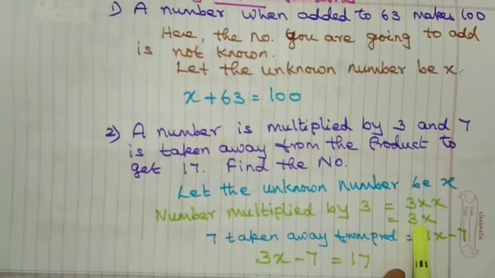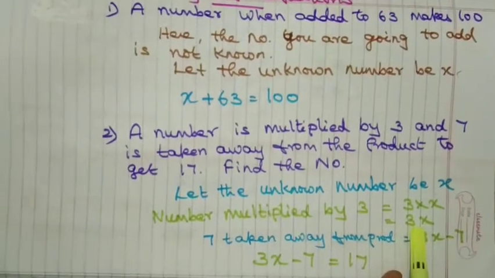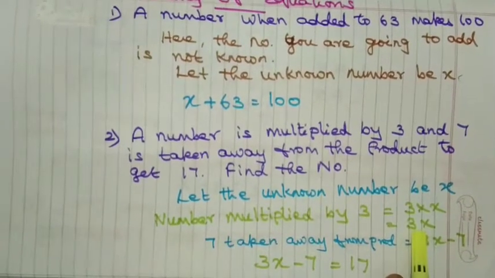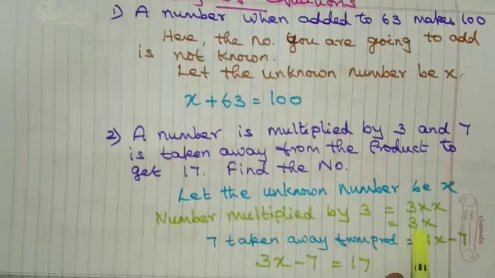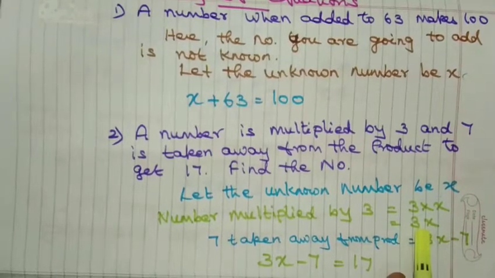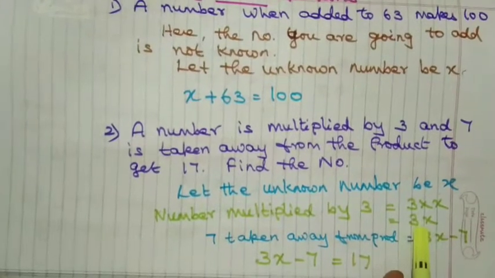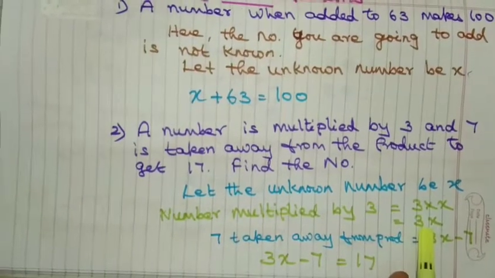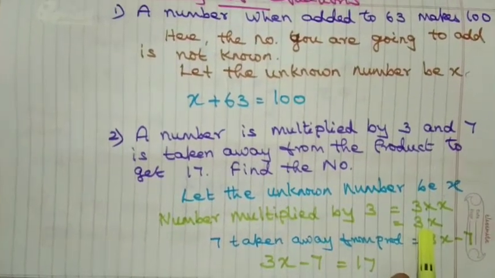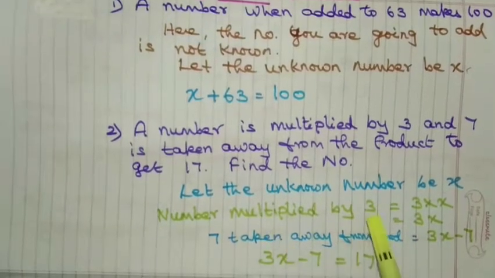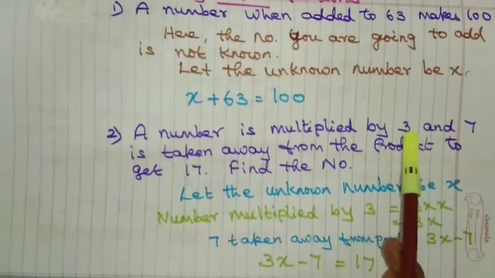Children, understand clearly. If you multiply, you can write it together. x into 3 or 3 into x is 3x. But x plus 3 is not 3x. Clear? Only when you multiply, you can write it as 3x, 4x or 5x. When you are going to add, it is going to remain the same. So, number multiplied by 3 is 3x. And what are you doing next?